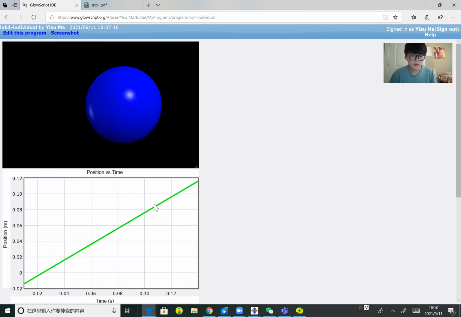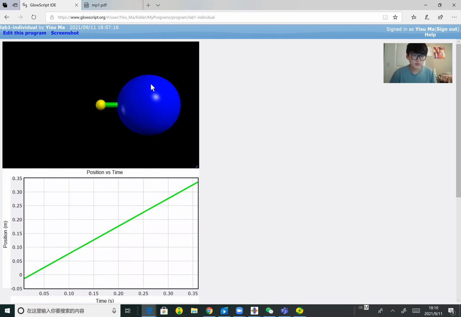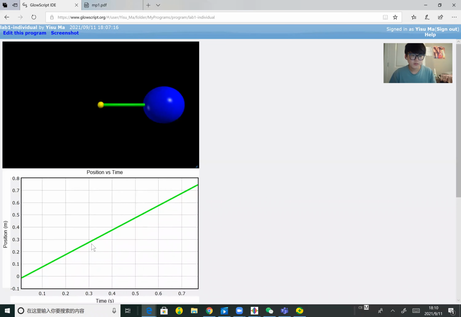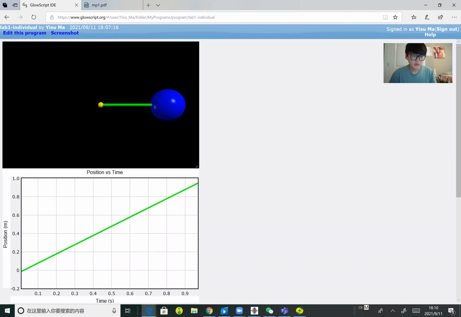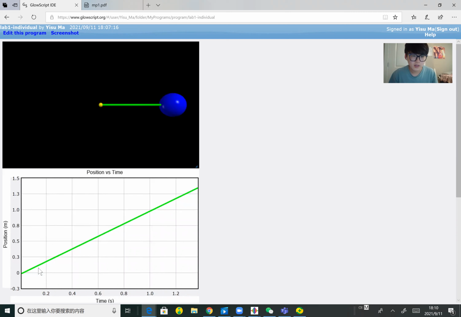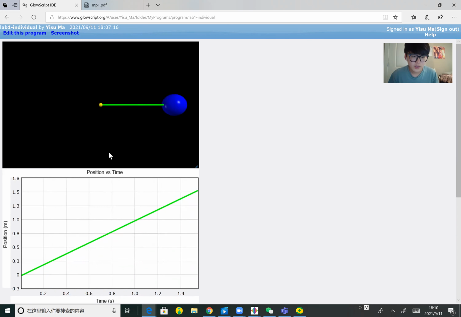Yeah, so you can see that our object is moving towards the positive x-axis, and we have a linear function, which is a straight line, which is basically like x is equal to ax.